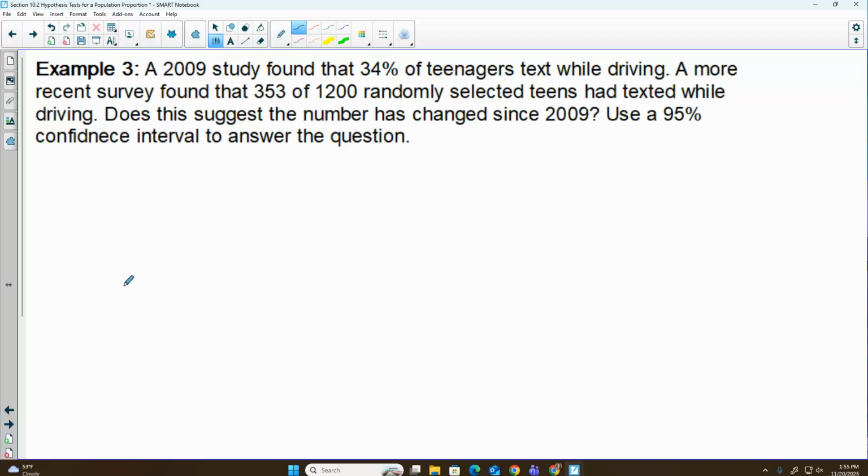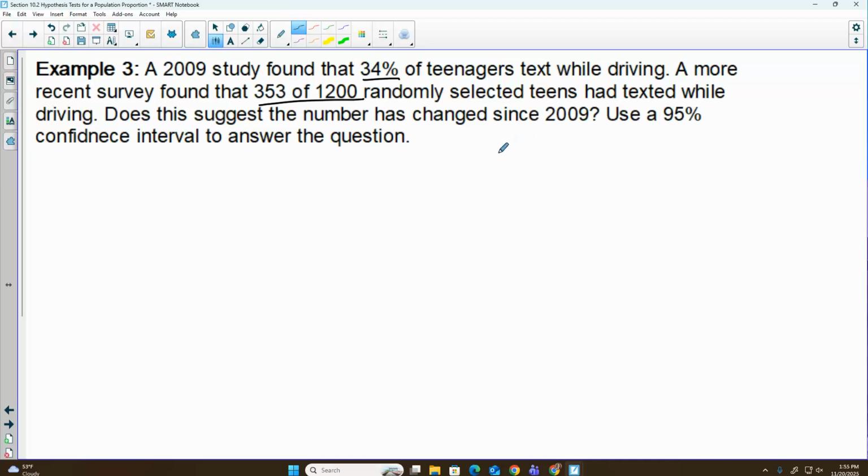Let's take a look at this one. A 2009 study found that 34% of teenagers text while driving. A more recent survey found that 353 of 1,200 randomly selected teens had texted while driving. Does this suggest the number has changed since 2009? Use a 95% confidence interval to answer the question.